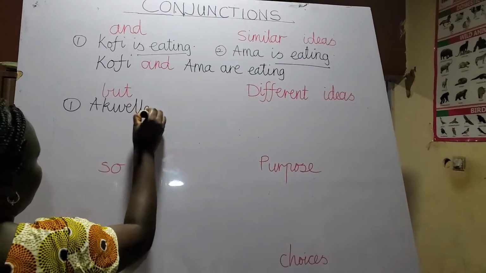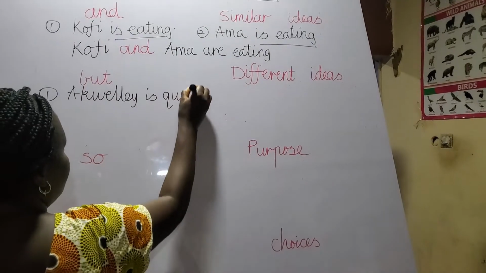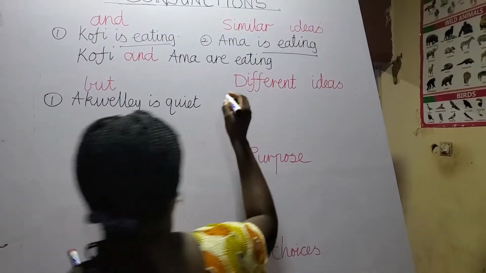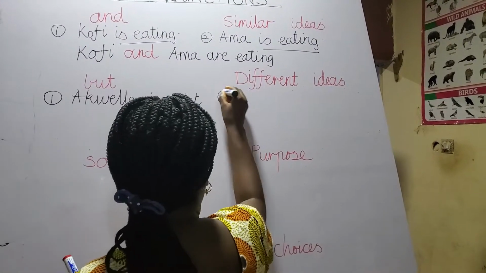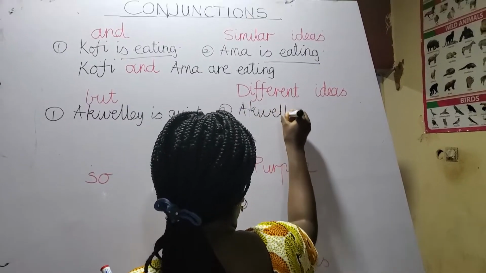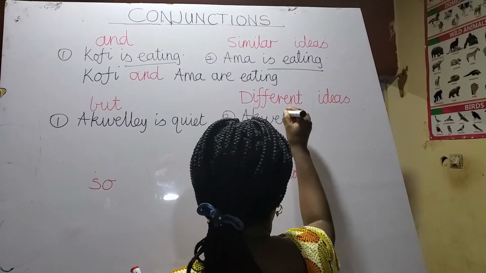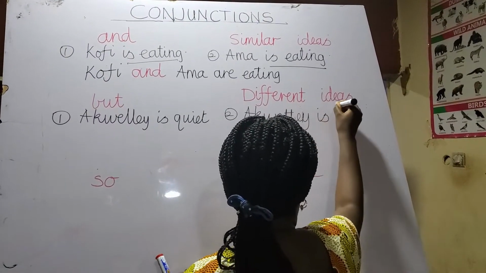Aquile is quiet. Example 2. Akwete is loud.